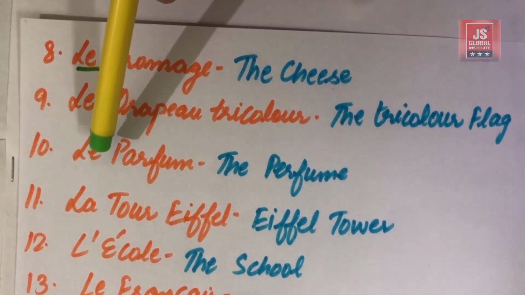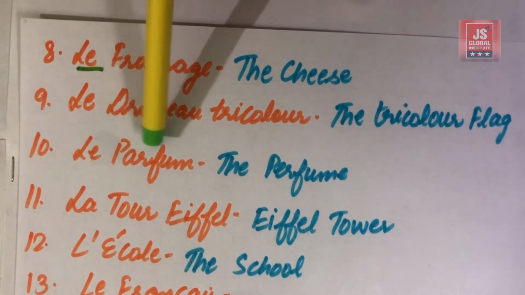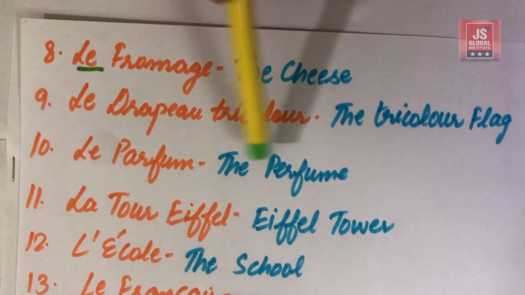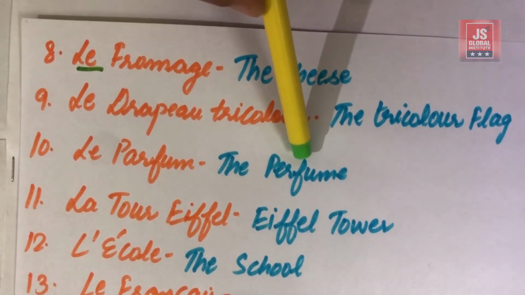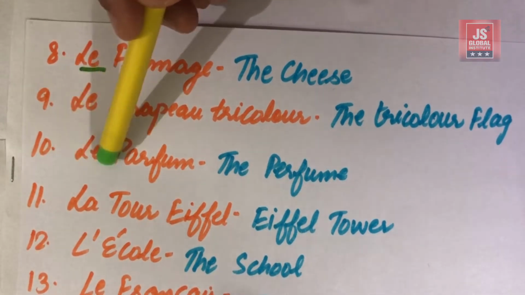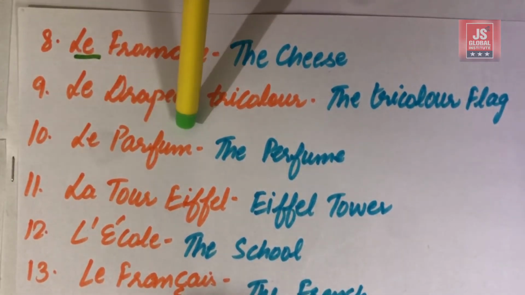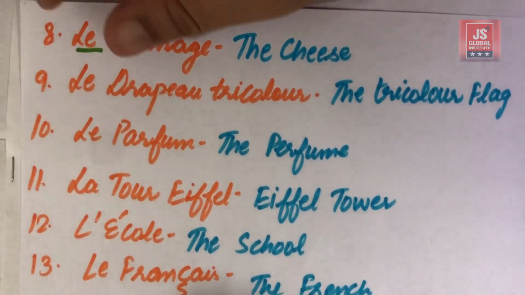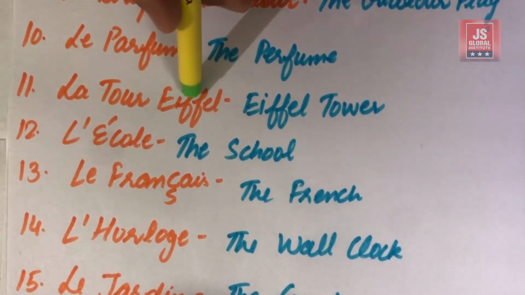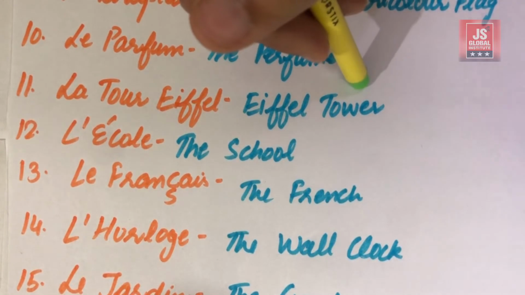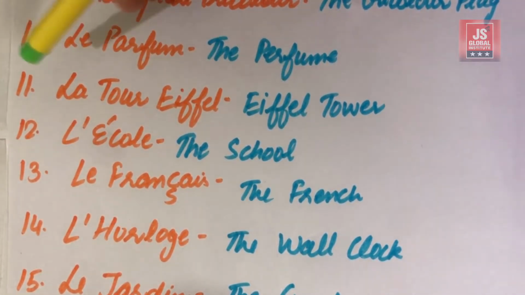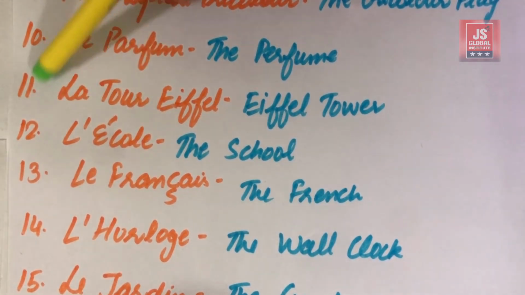Please focus on the pronunciation. This is not perfume, this is le parfum, and this is perfume in English. This is masculine, so accordingly I used le. Next is la tour Eiffel. This is the Eiffel Tower. This Eiffel Tower is feminine, and accordingly la is used here.